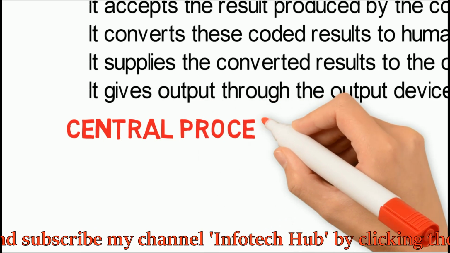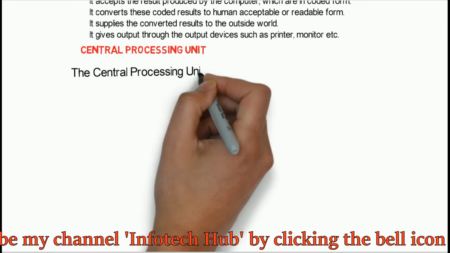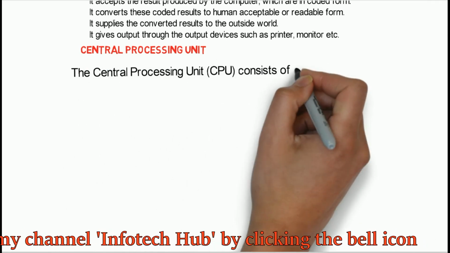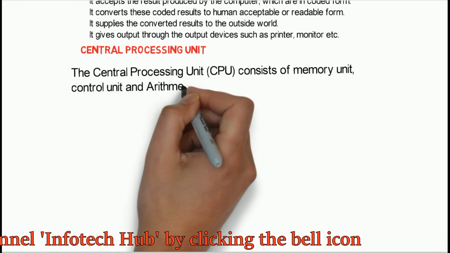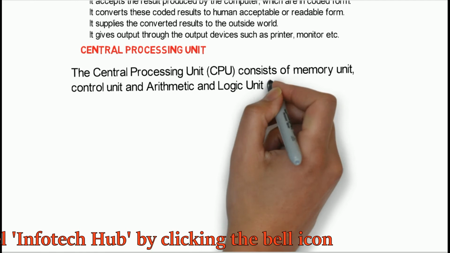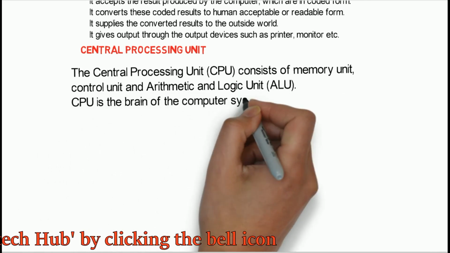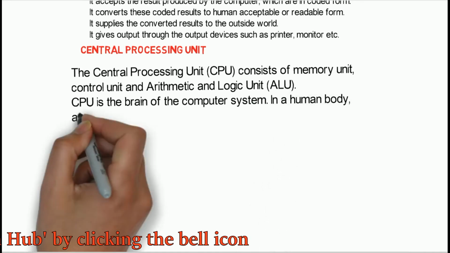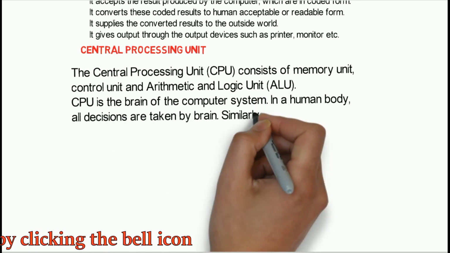The central processing unit is the brain of the computer. The CPU consists of memory unit, control unit and arithmetic logic unit. In a human body, all the decisions are taken by the brain.